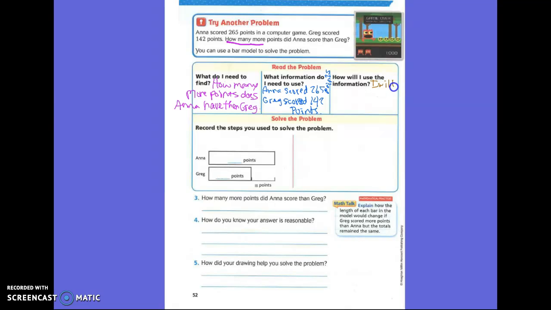I will use a bar model to show the points each person scored. Write this down, guys.